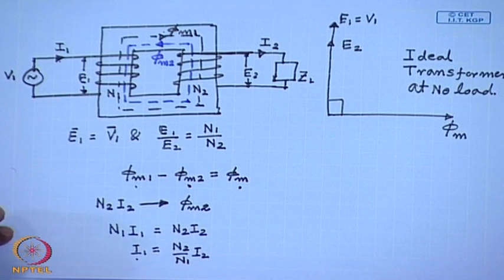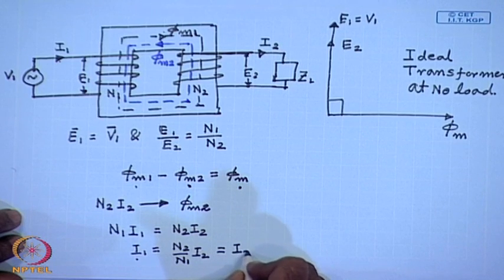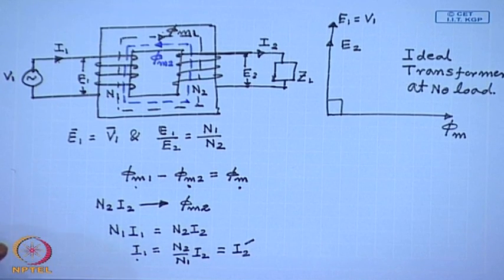This is sometimes called the reflected load current I2 dash. Therefore, when we put a load on the secondary of an ideal transformer, a reflected current I2 dash flows in the primary side, which completely cancels the ampere turns of the secondary side.